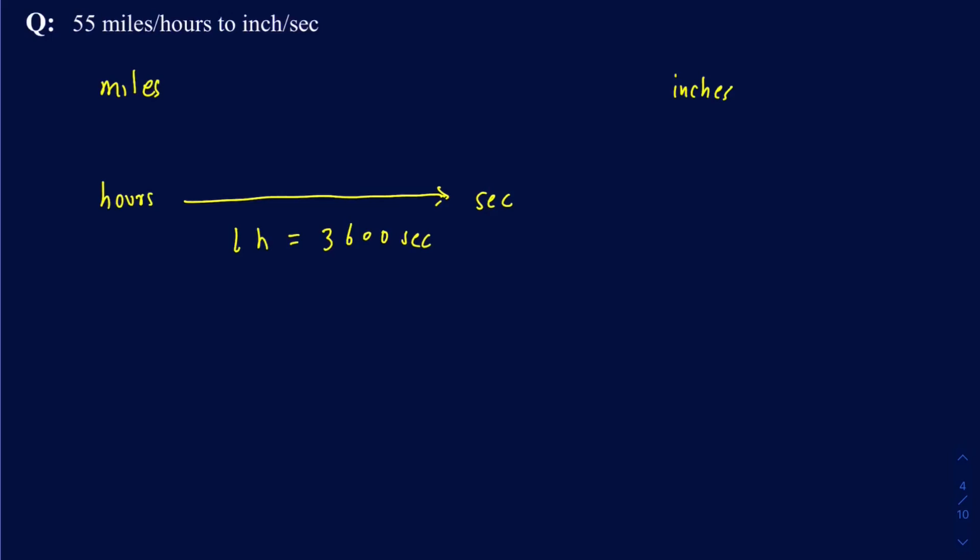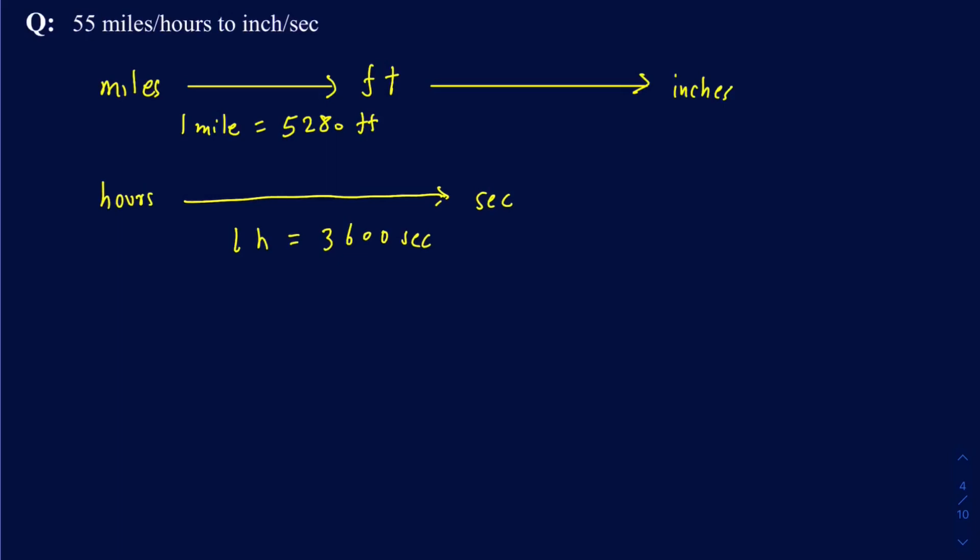Now, going from miles to inches, there's a couple of things you can do. I can either convert the miles to feet, and then from feet I can go to inches. So 1 mile has how many feet? 1 mile is about 5,280 feet. So that's the one conversion factor you can use.